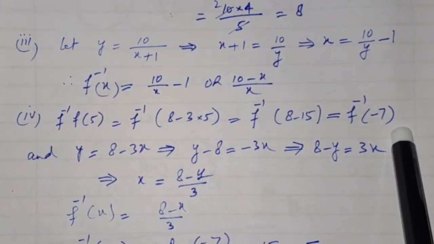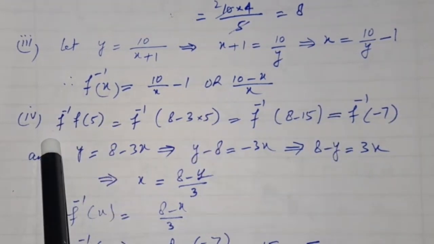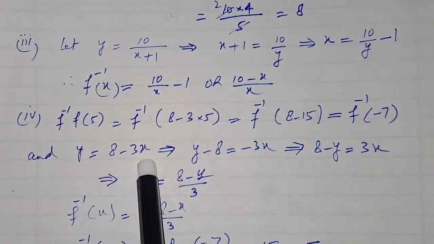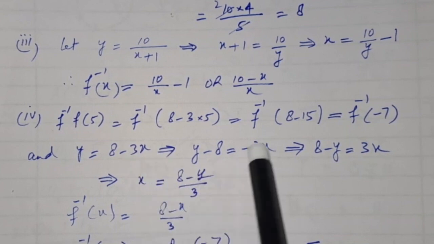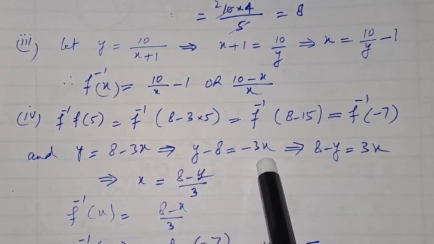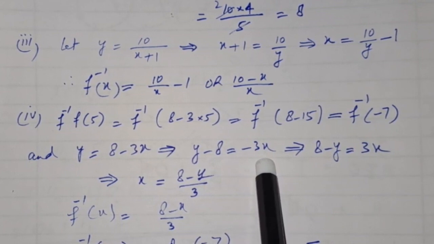Now f inverse of x: y is equal to 8 minus 3x, and y minus 8 is equal to minus 3x.